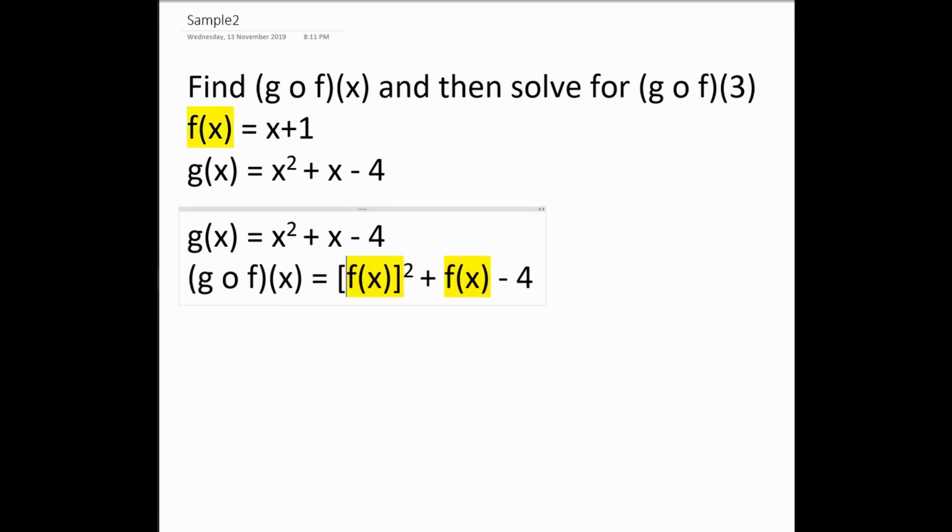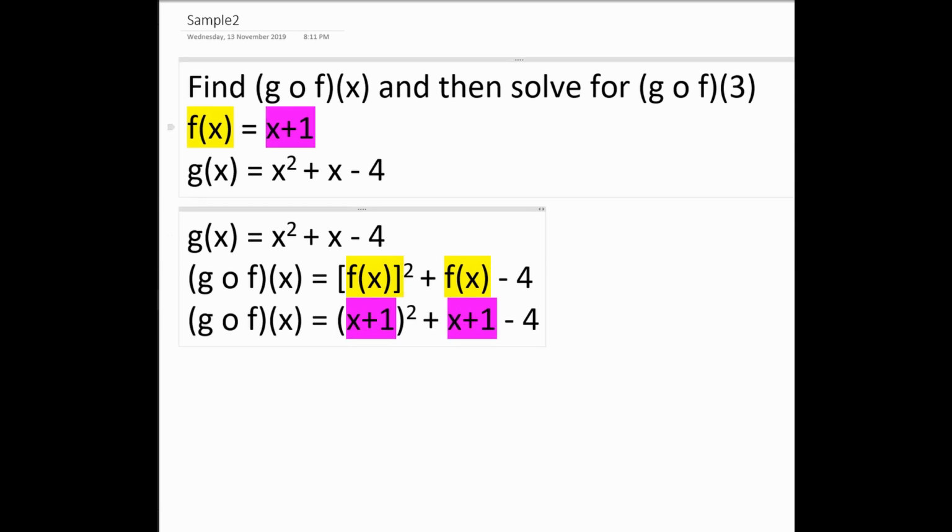After that, if we want to find the g of f of x, we change all the variable x into f of x. Thus, having this equation, f of x squared, plus f of x here, and then minus 4. So we just substituted all of the x terms by f of x.